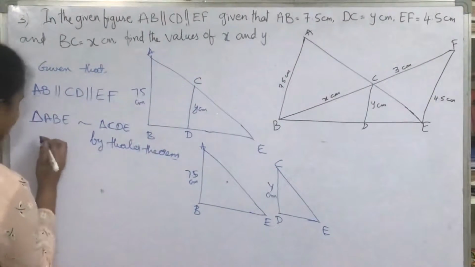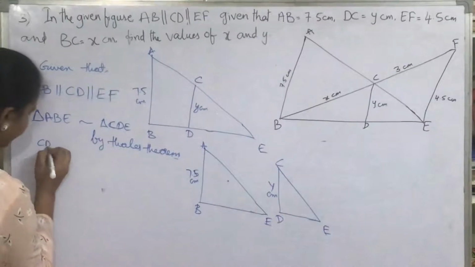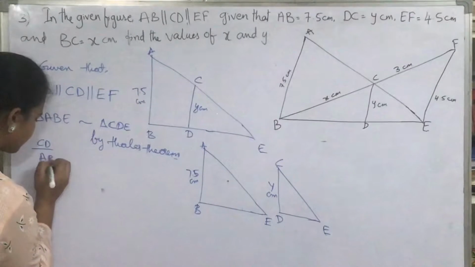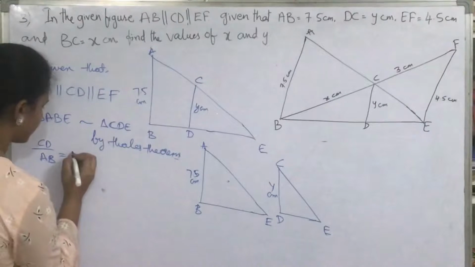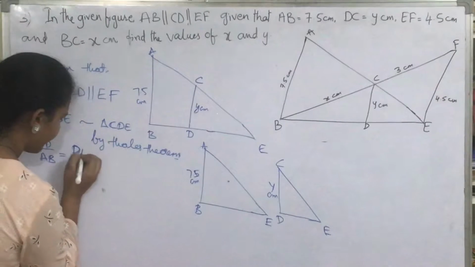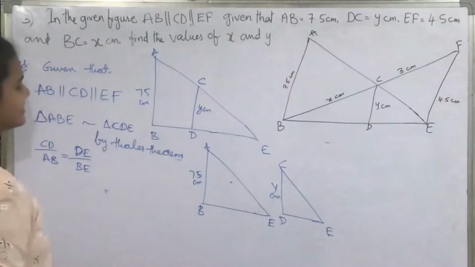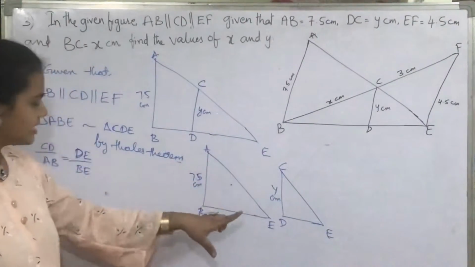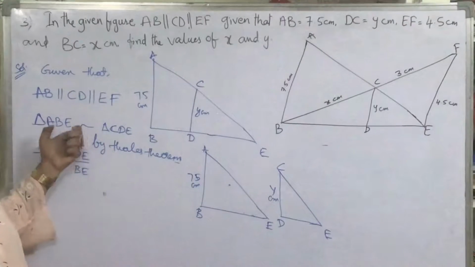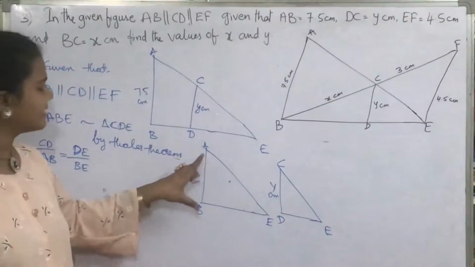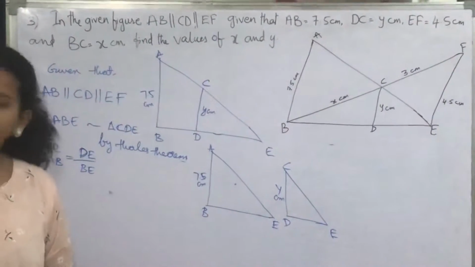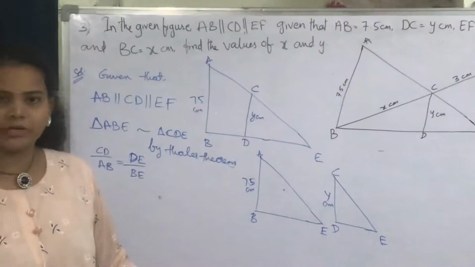Thus I can take CD by AB equals DE by BE. Okay, as I can say that where AB and CD. Since I proved that the two triangles are similar, I can say that their corresponding sides are divided in the same ratio.